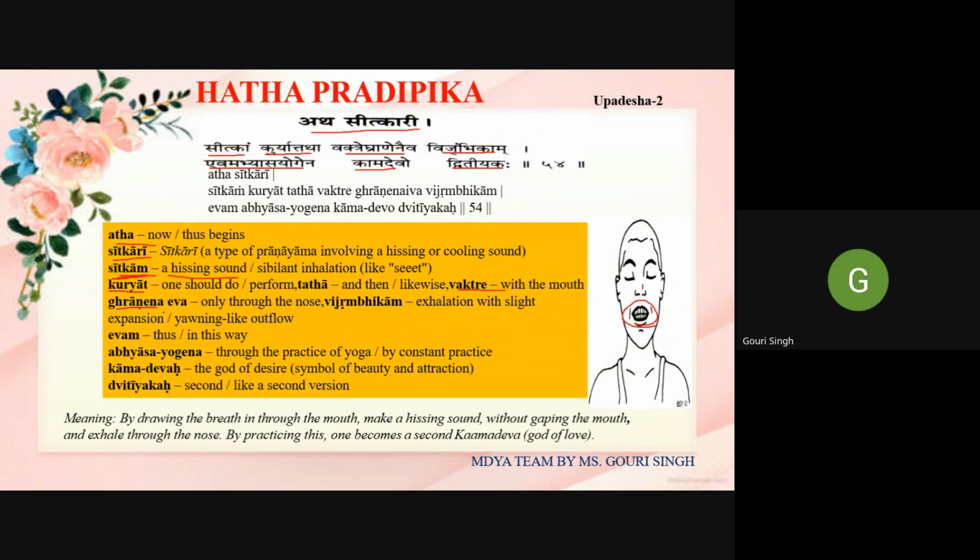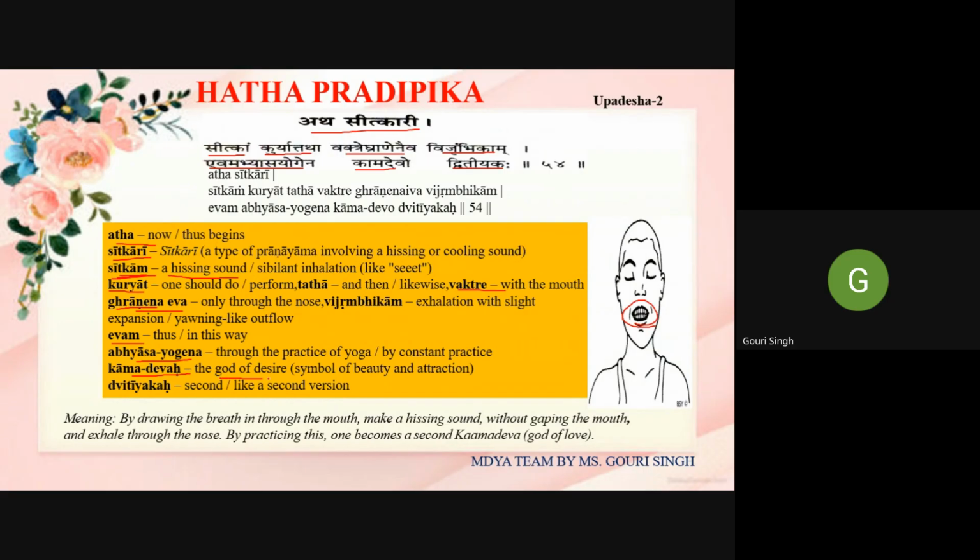But granena eva means you have to breathe out through the nose. And evam abhyasa yogena kamadevo dvitiyakah, what do you mean by that? If one practices Sitakari pranayam, that person becomes like a Kamadeva. Who is Kamadeva?